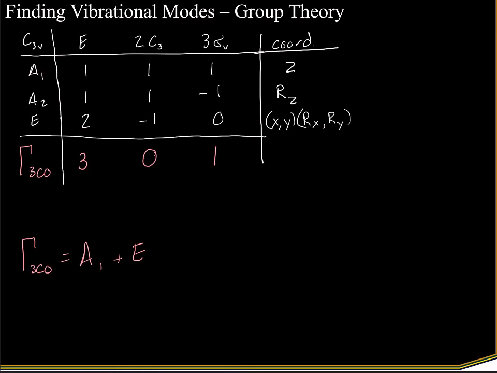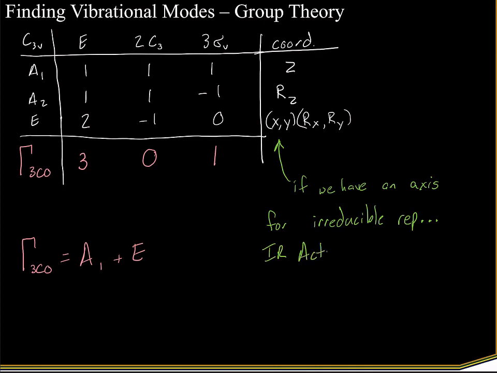Now, these big capital R's, what this means is this matches the symmetry of a rotation about that particular axis. Again, we will get into this in our next class. All we care about right now is actually X, Y, and Z. So if we have an axis for an irreducible representation, that represents an IR active mode.